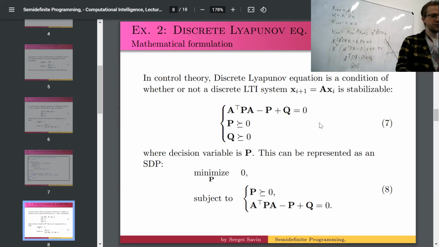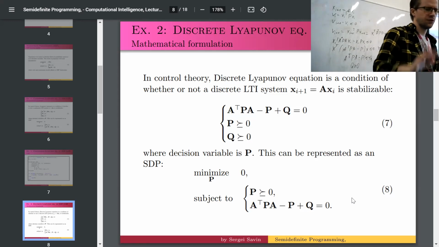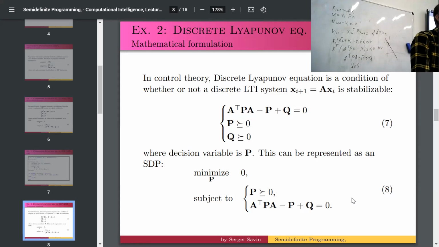If you ask for equality here, it's probably easier to solve using the Sylvester equation or something. I'm not sure how exactly Lyapunov is solved. I think it is solved using something like the Sylvester equation. There is a very simple algebraic procedure to do it. You can even imagine that this is a linear equation, so you can even solve it analytically.